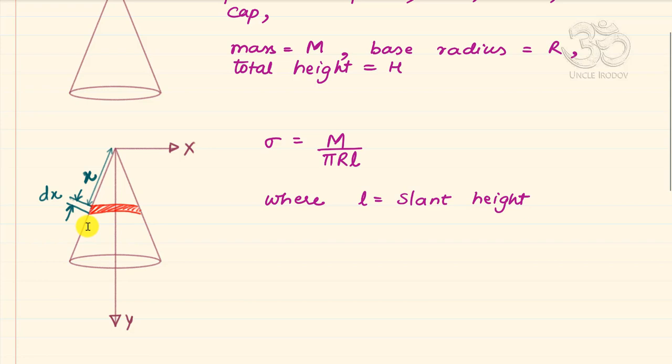So the radius is here, this much, and the slightly smaller cone will have a slightly smaller radius, which is this small amount. So there is a small increment in the radius also. So I can probably say that the radius here is some small r, and here it is small r plus dr.